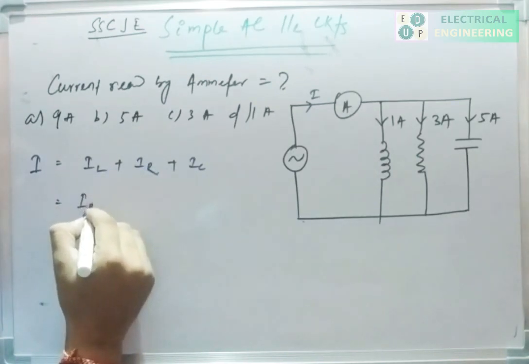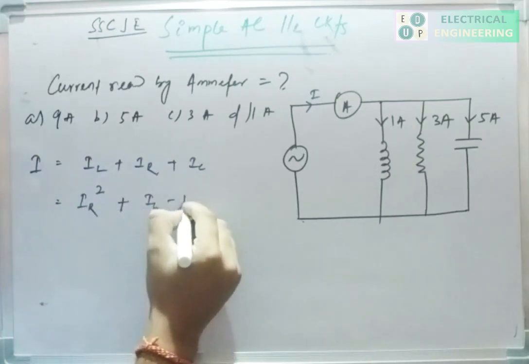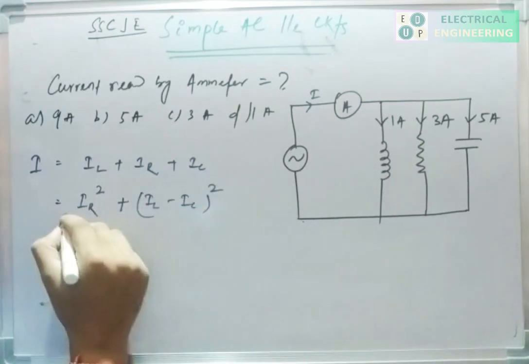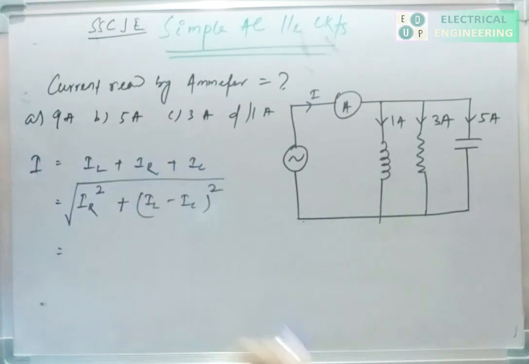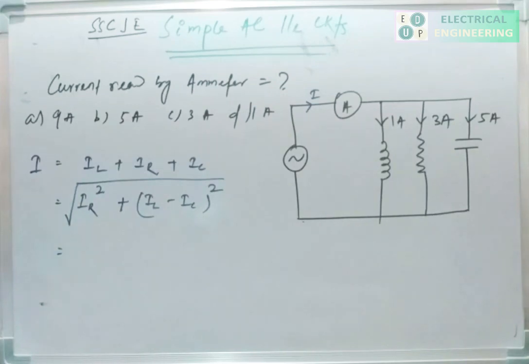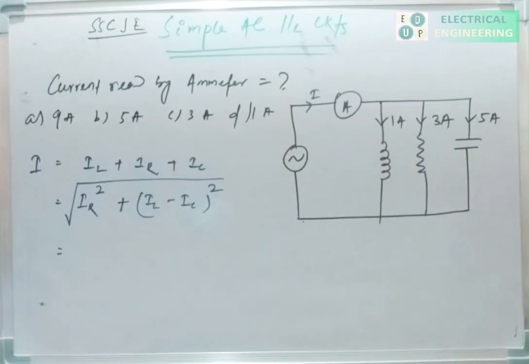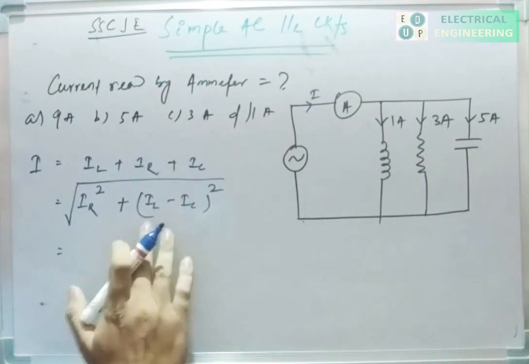IR is the real part, so square root of IR square plus IL minus IC whole square. Okay, because IL and IC are the imaginary part. If we write it in complex form, IR will be in the real part and IL and IC will be in the imaginary part, and IL minus IC is the resultant current for both of the currents.